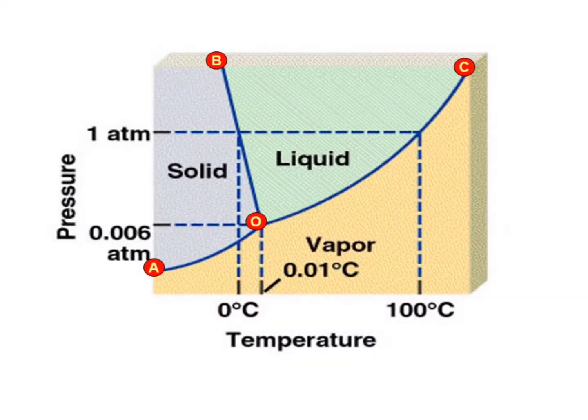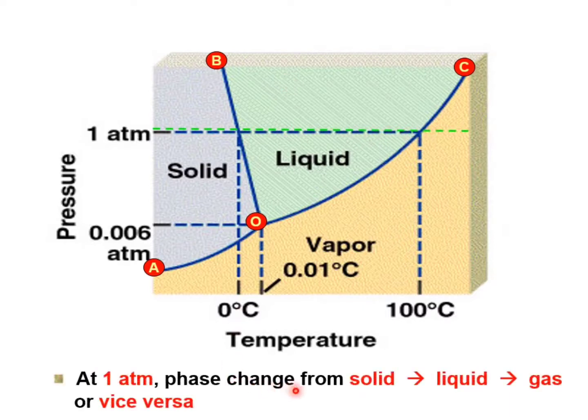Okay guys, if you look here at 1 atm, here the green line here. So at 1 atm, phase changes from solid, liquid and gas or vice versa. Okay, pada 1 atm, jika kita tingkatkan dia punya suhu, H2O can change from solid, and then if you refer to this line, kalau dia jumpa line ni, dia akan berada dalam keadaan solid and liquid at equilibrium.